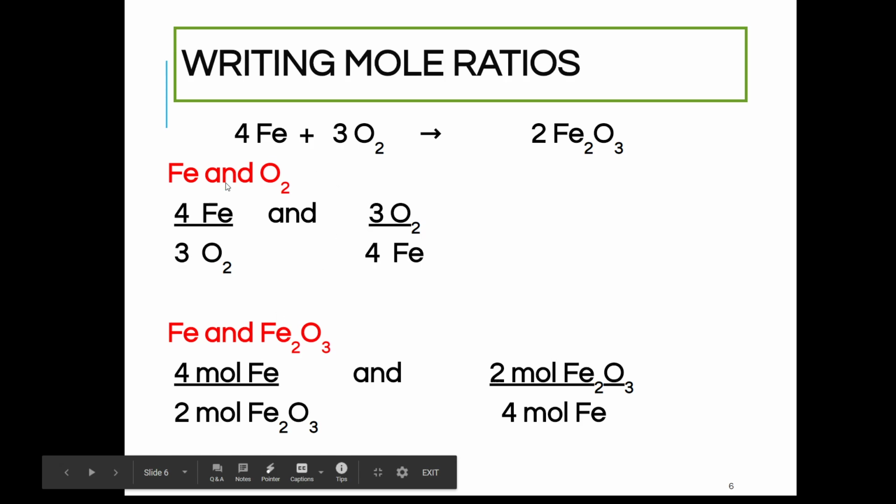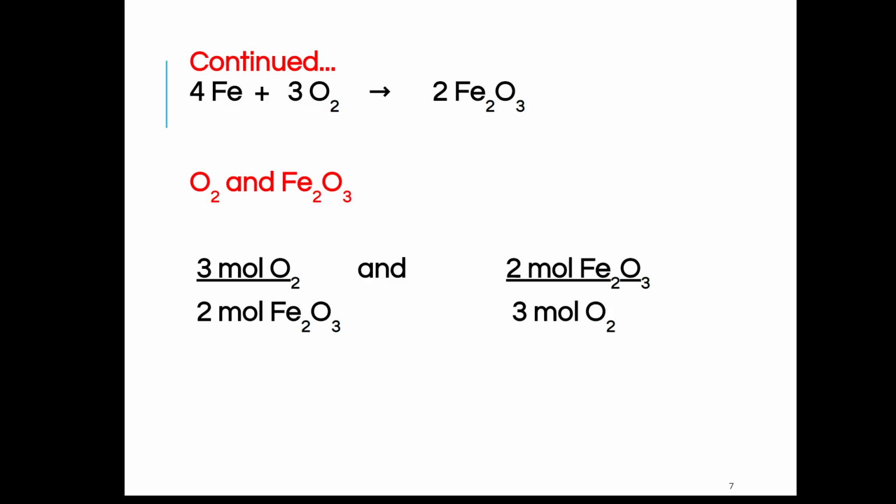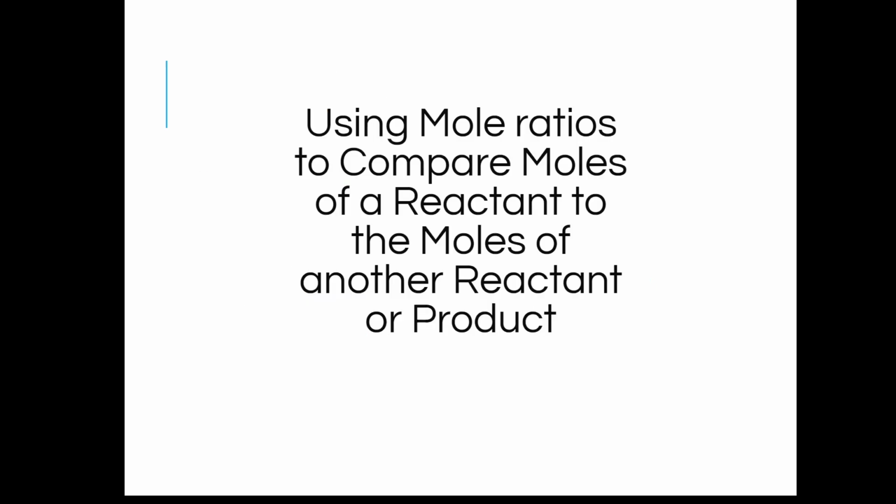Okay, and that's essentially what's going on with the molar ratio here. It's just stating how quickly, or not how quickly, that's reaction rates, that's a different beast. It's stating how much of one substance can be made from another substance, and likewise. Okay. And this is just another example using O2 and Fe2O3.